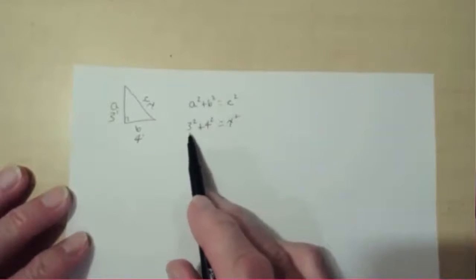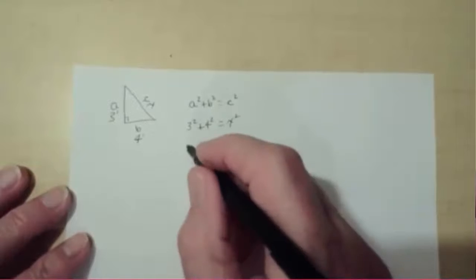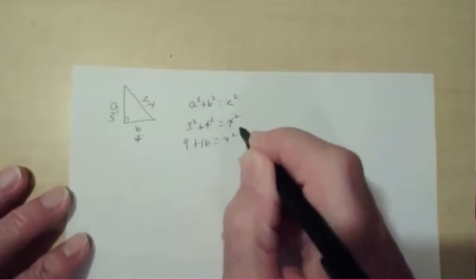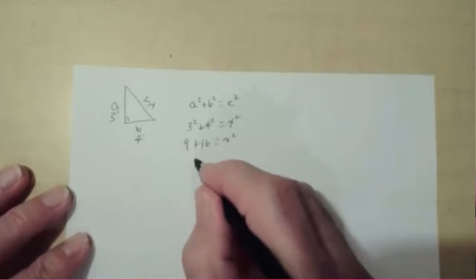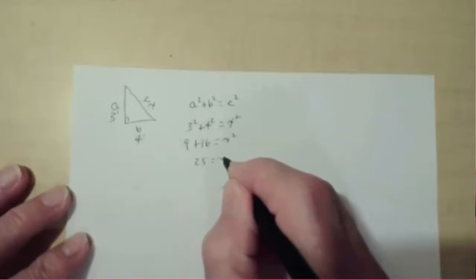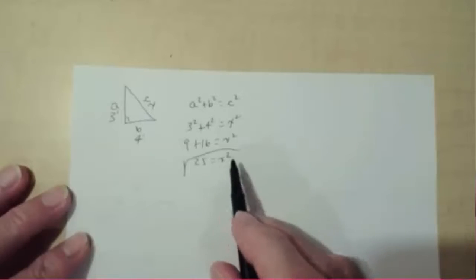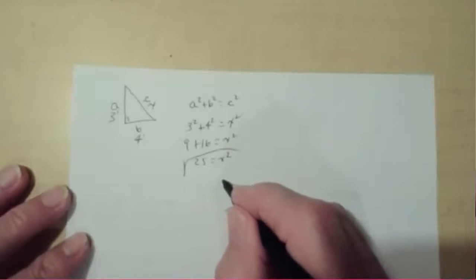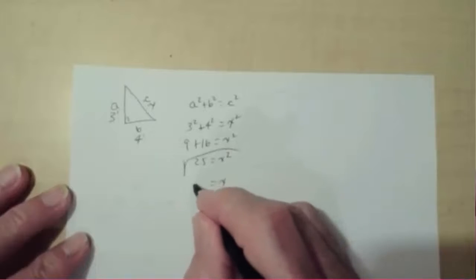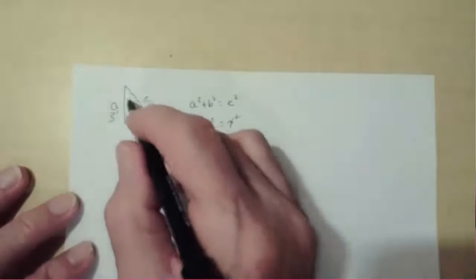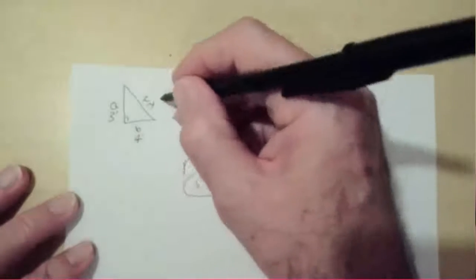We do exponents first. So that's 9 plus 16 equals x squared. So 25 equals x squared. Take the square root of it so we can find out what x is. So x is 5. Is it plus or minus 5? No, because this is distance. Distance is always positive. So this is 5 feet.